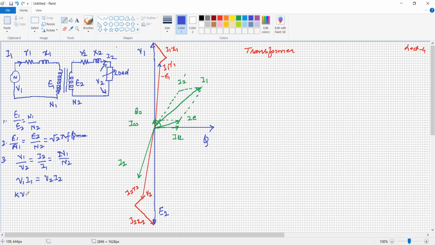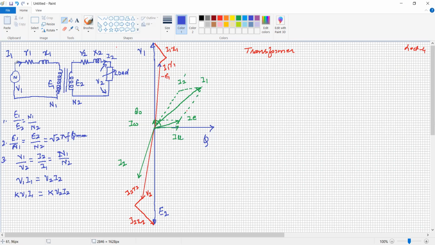So V1 I1 is the kVA of the primary winding, and the kVA of the secondary winding is the same. Whatever the kVA rating of the primary winding, the number of turns and all these things, if you calculate the current, in the same way we can calculate the current or voltage in the secondary winding. So the kVA rating of the primary winding and secondary winding will remain the same.